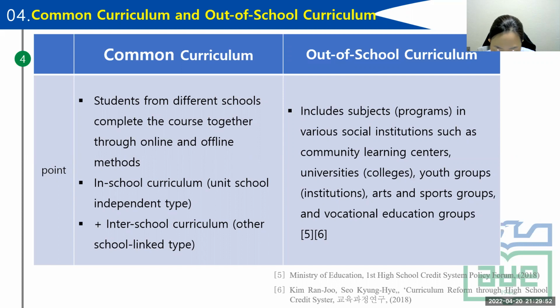This study aims to prepare a plan for the development of a portal platform for the operation of out-of-school curriculum to solve a problem related to the choice of a subject.